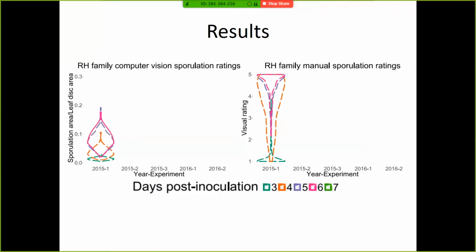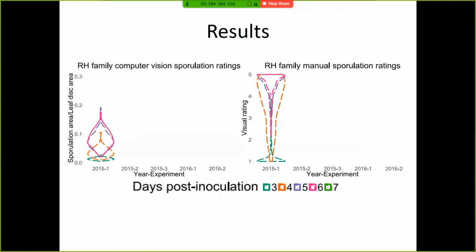And so you could see it's very close to 0, as you would expect. And then 4 days, the distribution moves up. And as you get further along in the days post-inoculation, the distribution keeps moving forward. And it's relatively normally distributed.